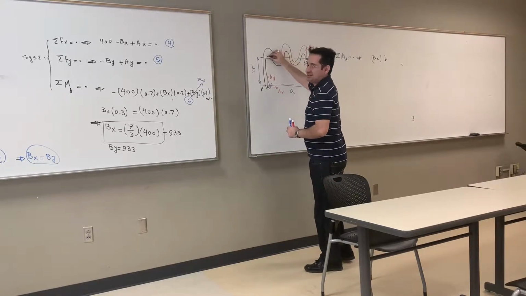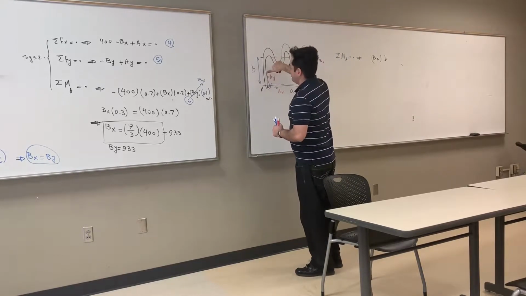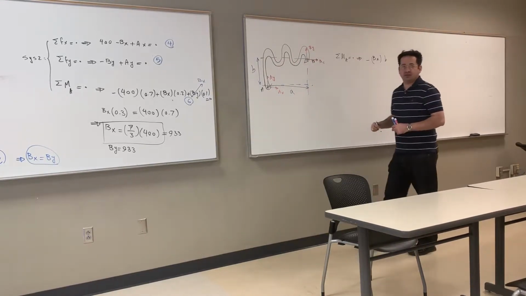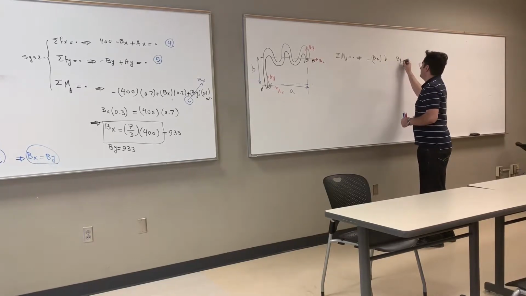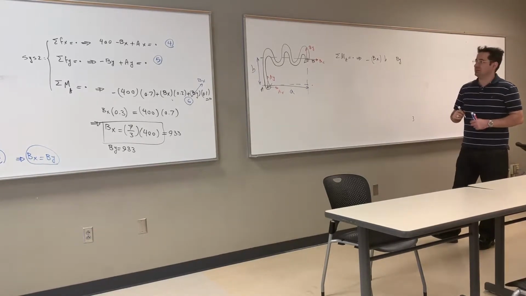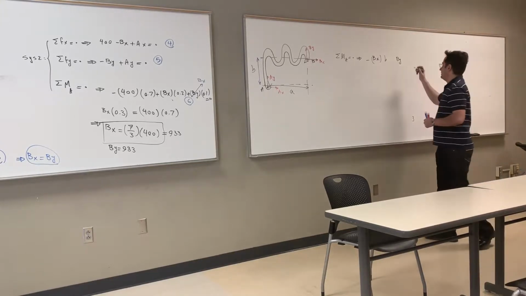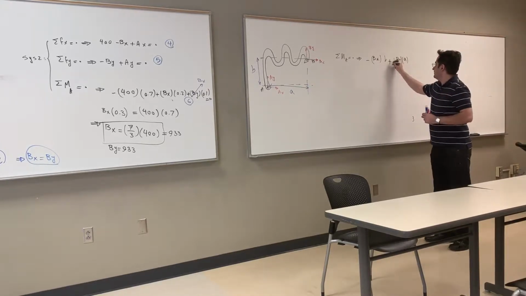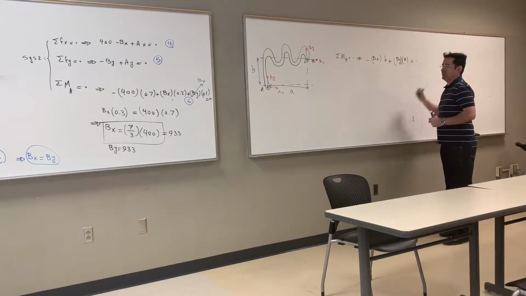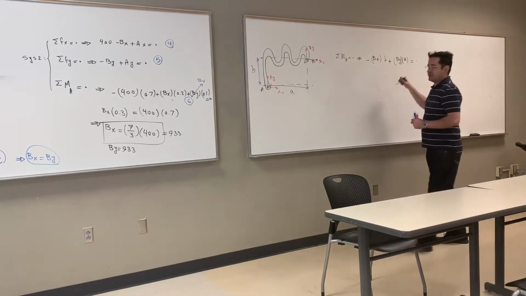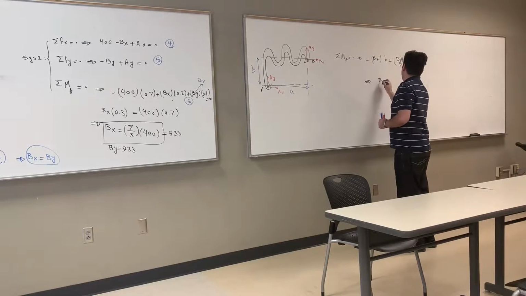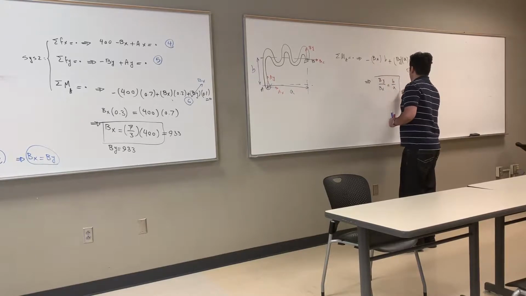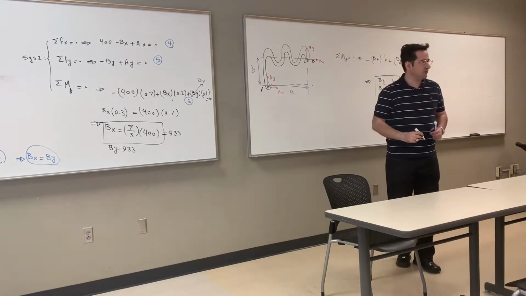So if you move it here, Bx times B is negative. Then you go to By, By times A, positive or negative? Positive. Is equal to 0. Now just rearrange this equation. Then you get By over Bx is B over A. This is a very important relation. What does it say?